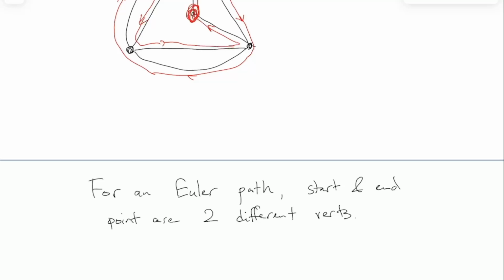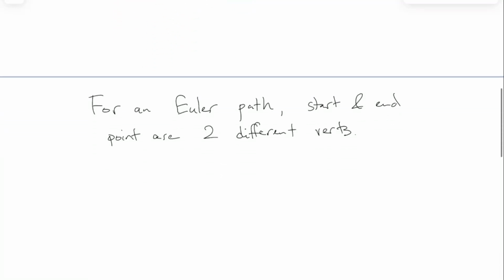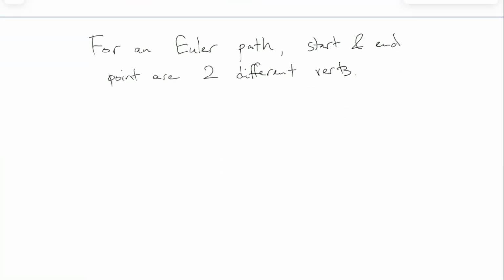But for an Euler path, the start and the end point are two different vertices. And if you recall the rule about when an Euler path exists, an Euler path exists when there are two odd vertices and the rest are even, right? And the starting and ending points must be the odd degree ones, right? But anyway, you do the same procedure.